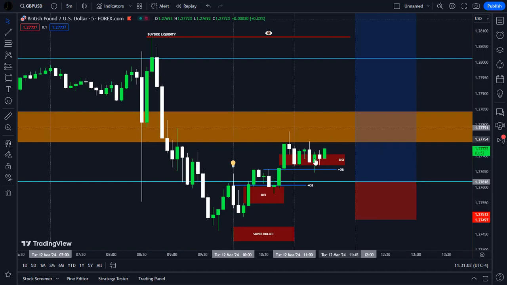I'm watching this candle currently, because it's the last drop before we swept some equal lows down here. So this is my current bullish order block. You can use this one, I will use this one because of the liquidity sweep into this next bullish order block.